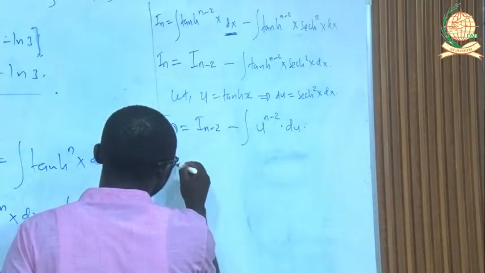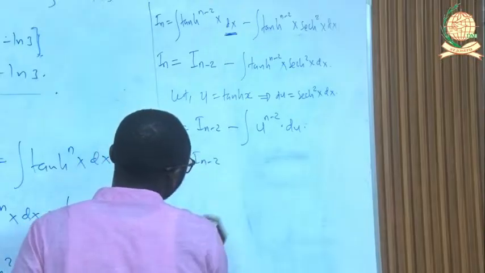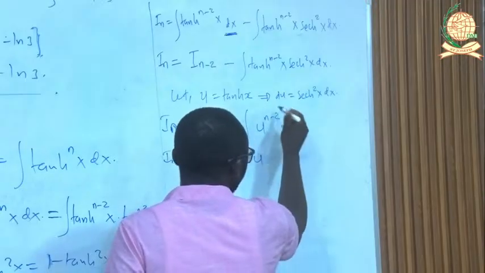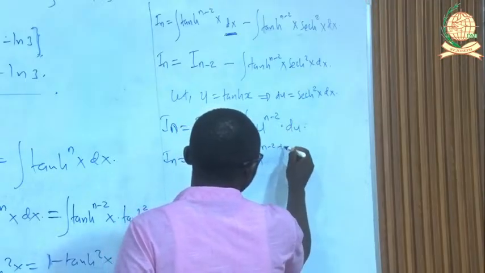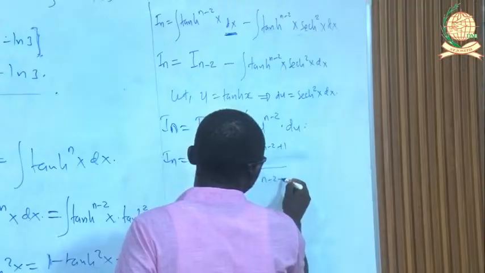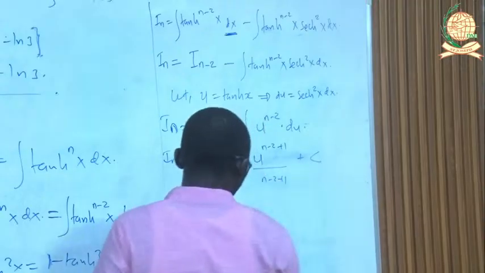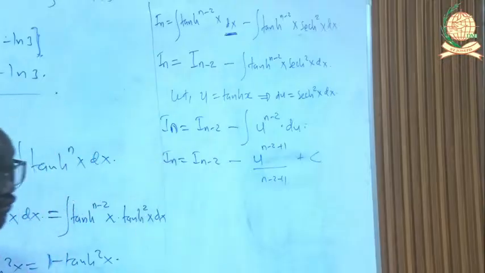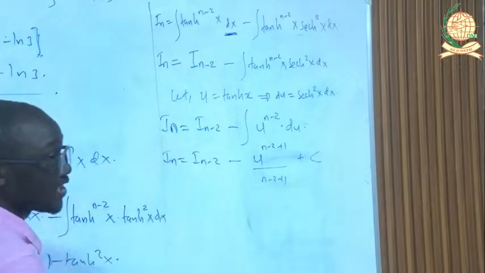So the output here is going to be I_{n-2} minus u to the power n plus 1 over n plus 1. Our n here is n minus 2, so it is n minus 2 plus 1 over n minus 2 plus 1. Then plus the arbitrary constant that we always add after integrating, because we didn't know if it was there before differentiating, since the integrand is always the derivative.